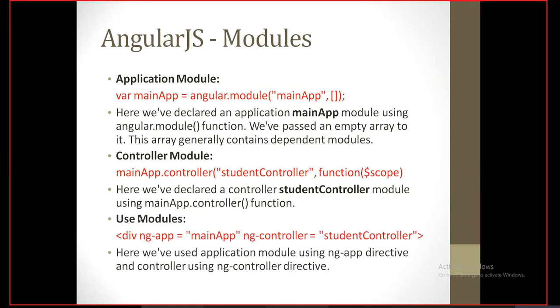When it comes to using those two modules, we will specify any tag wherever the AngularJS application is to be defined, and then for the ng-app attribute we'll specify the application module name, and for the ng-controller directive we'll specify the controller name, whatever we created over here.